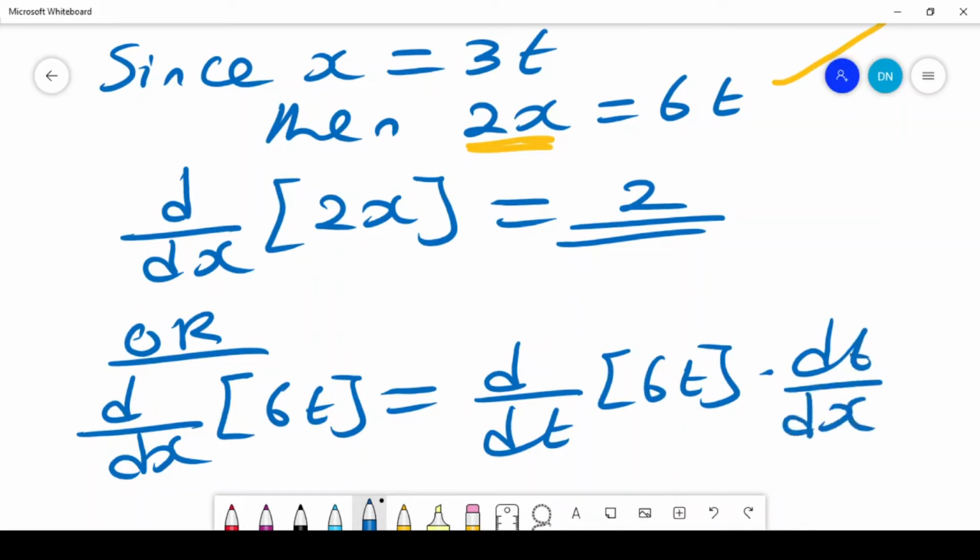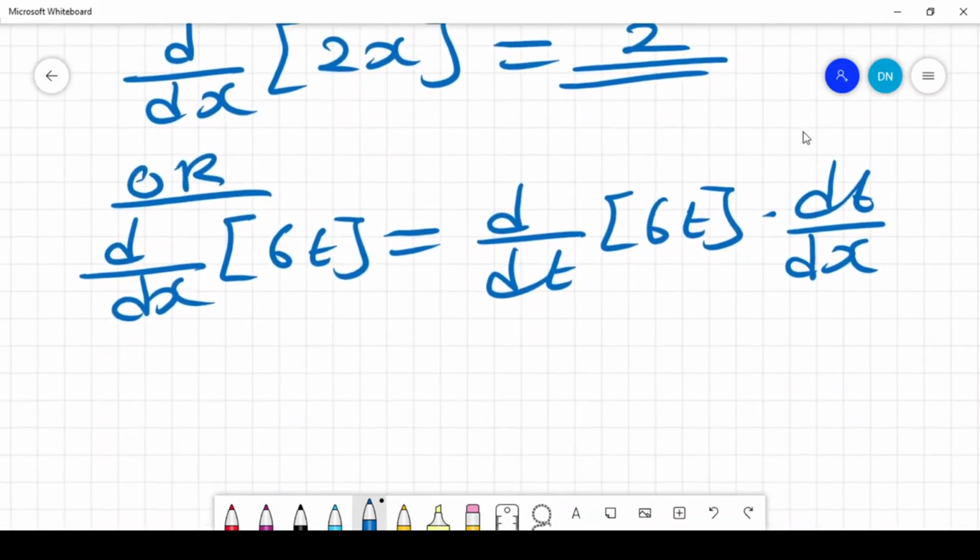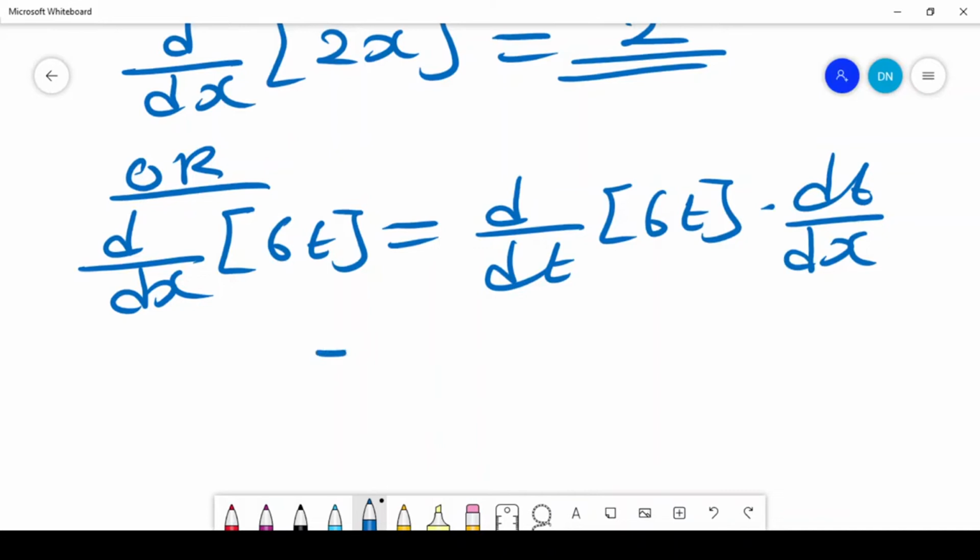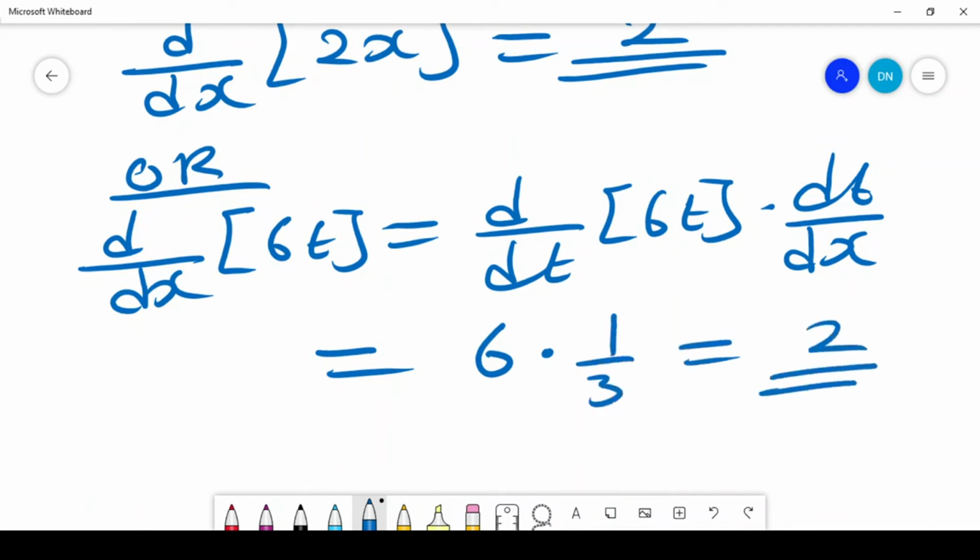And you remember we got dt all over dx. We know that if x equals 3t, then dx/dt is 3. And therefore, d/dt of 6t is 6, then times 1/3. And it would have still given me the same solution, just like the similar one that I have been able to get.